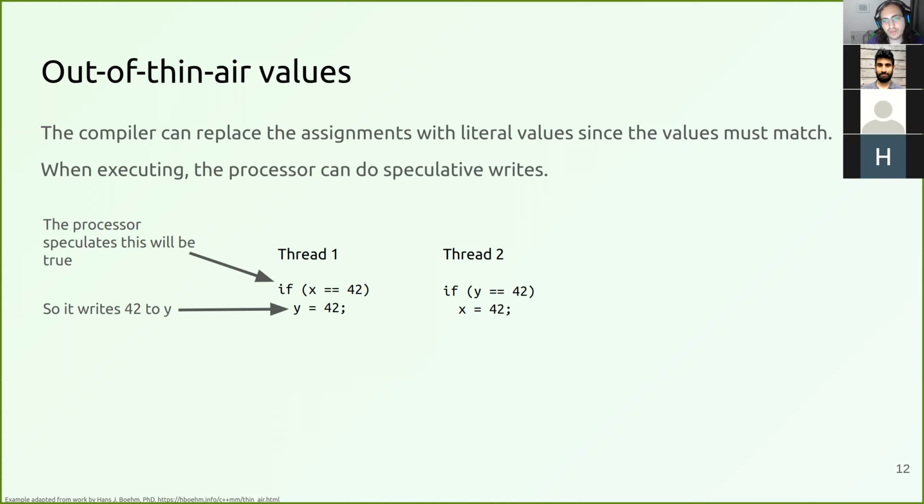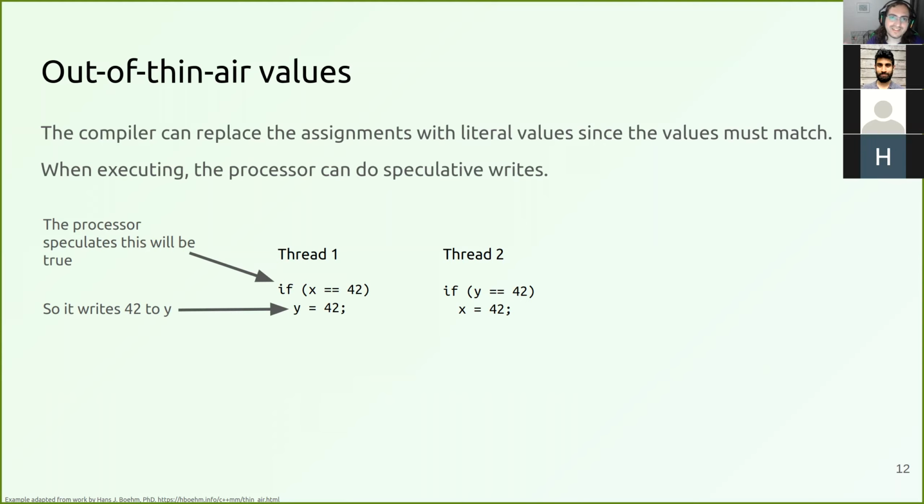When you hit if x equal 42, the processor has to stop and wait to figure out if x is equal to 42 or not, which takes a while actually. And it can only continue after it makes that decision, which is actually kind of slow.